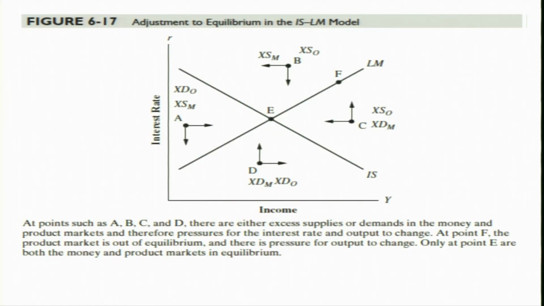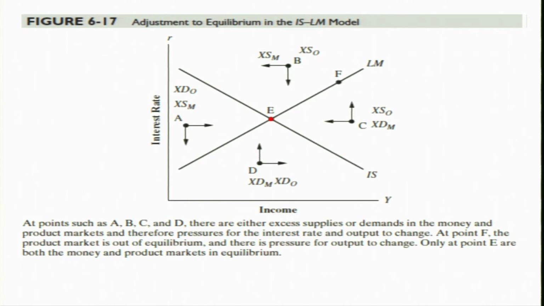Putting everything in one diagram, the equilibrium position is E, where both the IS curve and LM curve intersect, so the product market and money market are both in equilibrium.